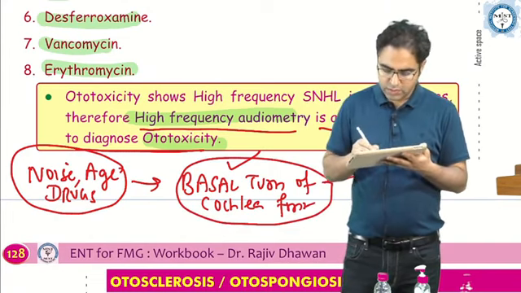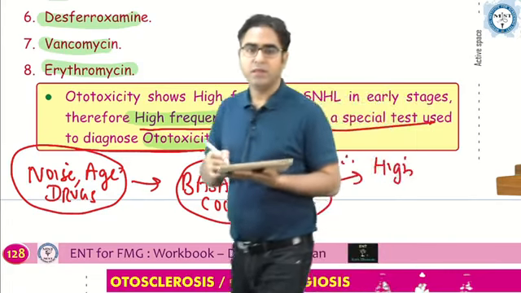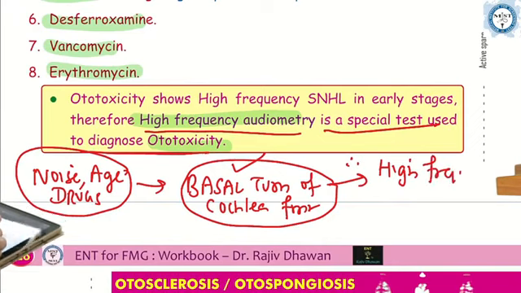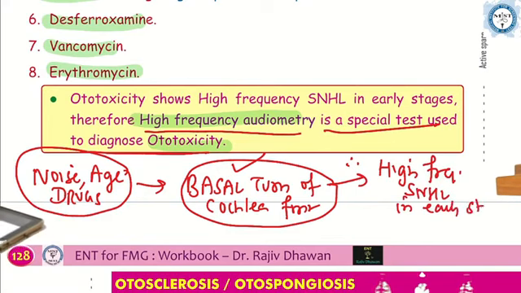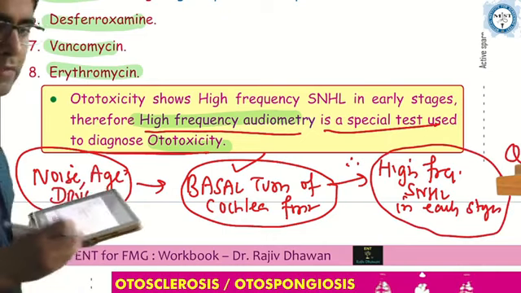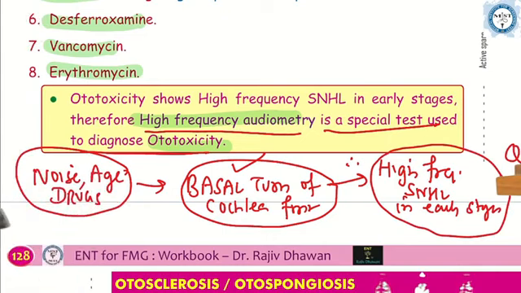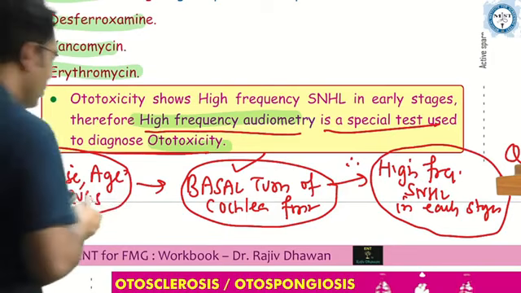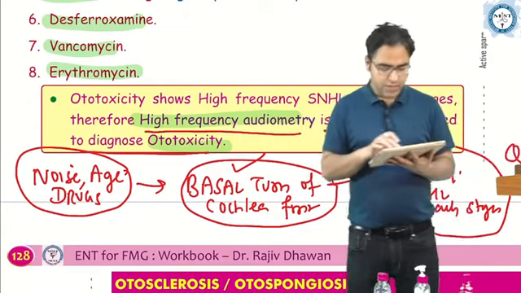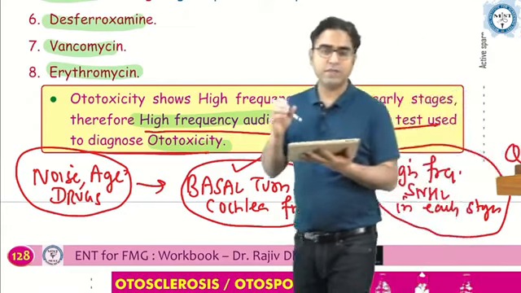Therefore, they cause high frequency SNHL in early stages, beta. I repeat, noise, age and drugs, they damage the basal turn of cochlea first. Therefore, they cause high frequency SNHL in early stages.